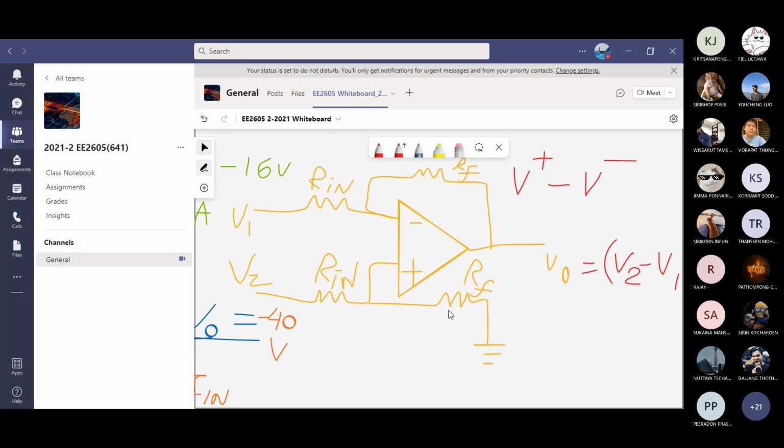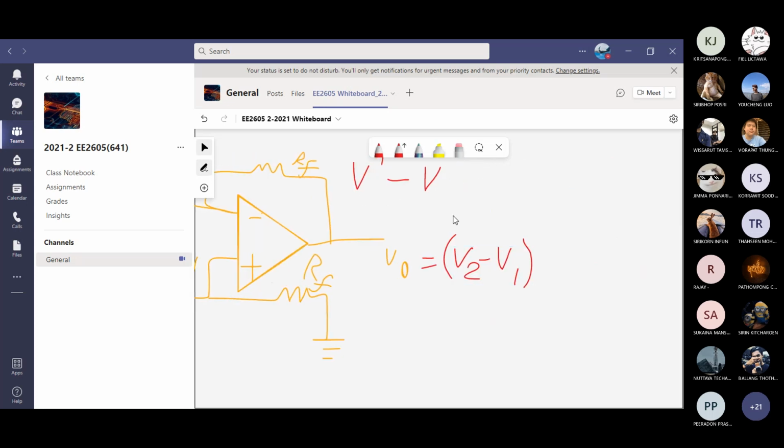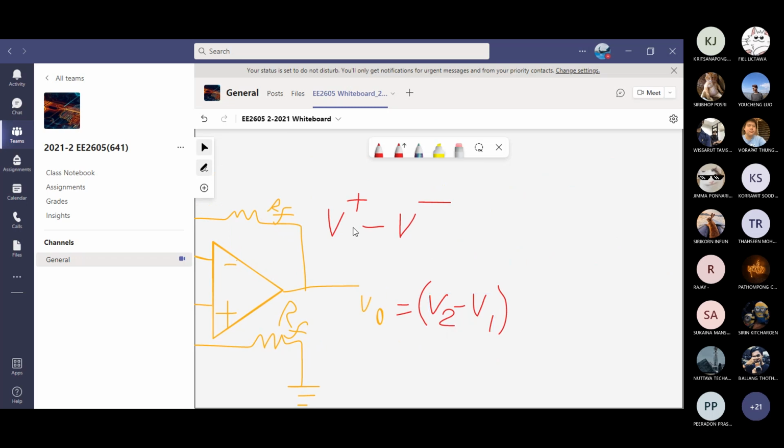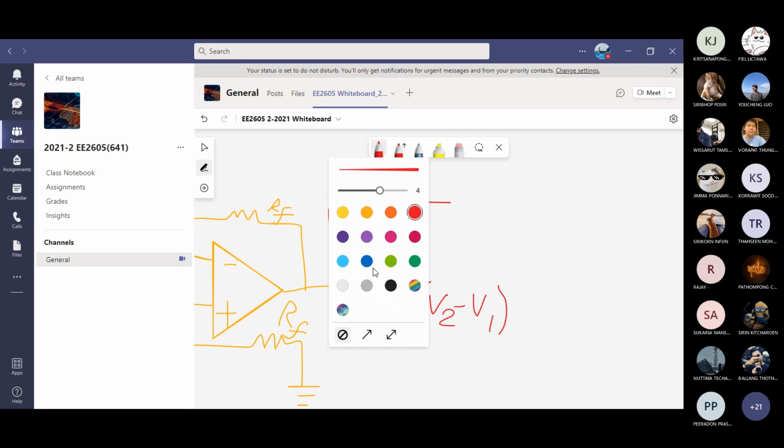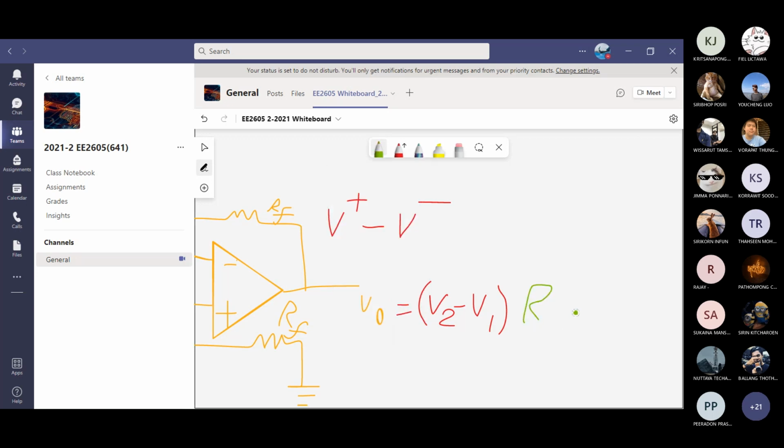That is only for the non-inverting single-ended op-amp. This is double-ended operation. So the gain ratio is common for both of these inputs. So take the differential voltage V2 minus V1, which is V plus minus V minus, and then multiply by the ratio RF over Rin. This is the answer for this circuit.